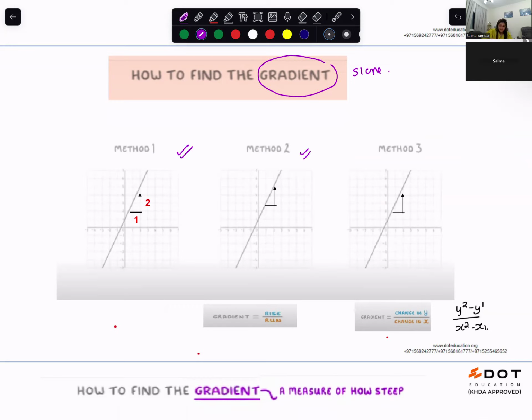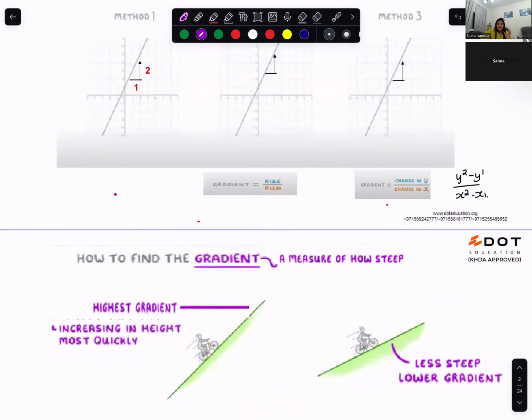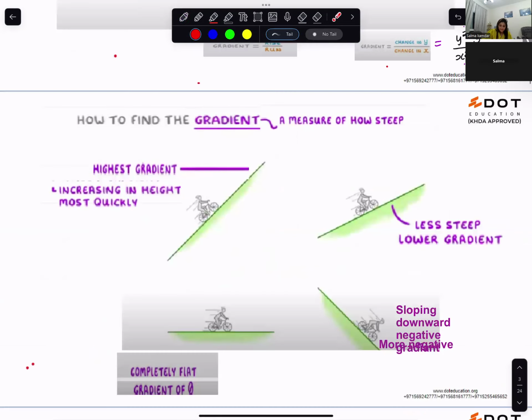The second method is rise over run. And the third way is to find the change in y over the change in x. That means we do y2 minus y1 over x2 minus x1. Let's do them one by one.